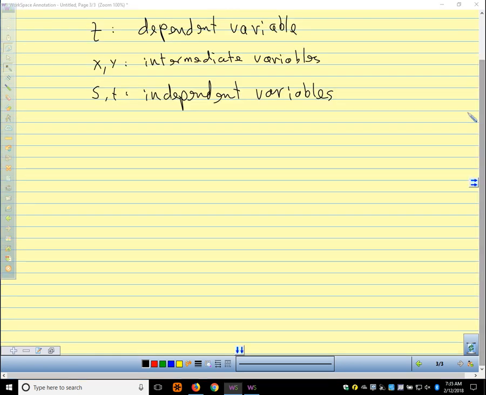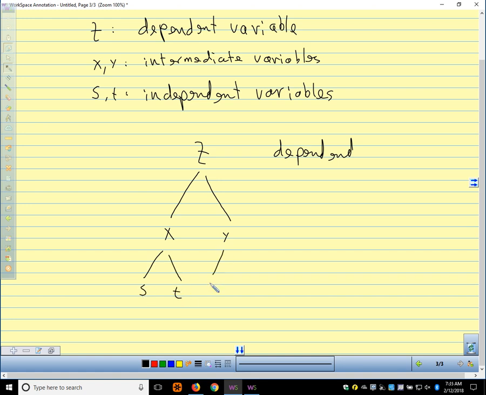So the tree diagram, we start out with our dependent variable here. And I'm going to do just a tree to our different variables. So these are intermediate.